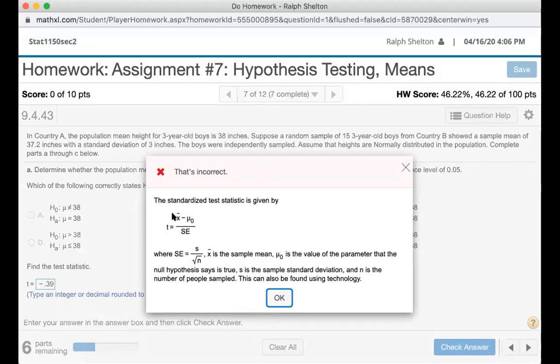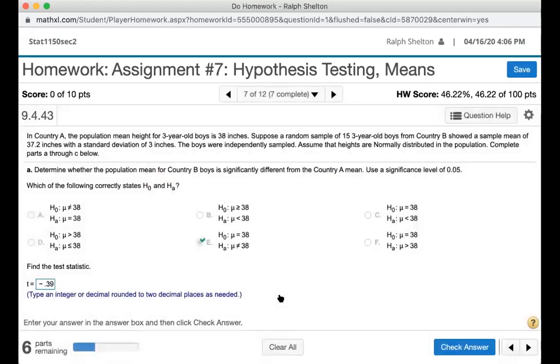This is what I did, so why doesn't it like it? Oh, where did I get x? No, that's right, that's x bar. Maybe I used the wrong n? No, that's the right n. Why doesn't it like that? It says to type it rounded to 2 decimal places as needed.